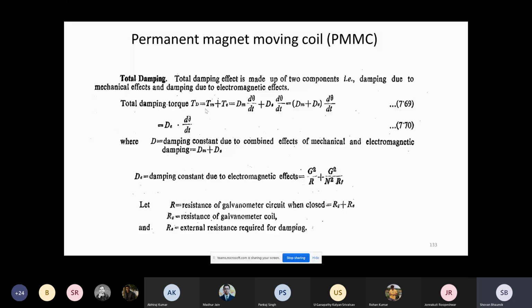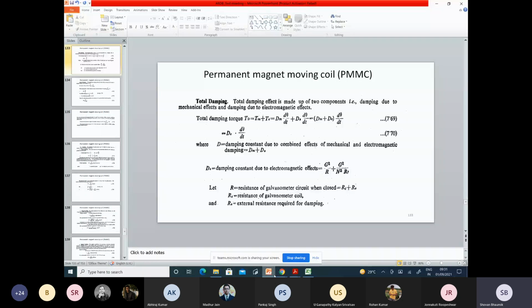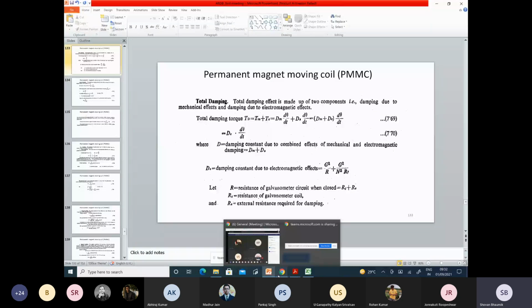Now there are a few other issues we need to discuss. So now tell me if you have any query. Till now, what we discussed? We discussed the PMMC instrument, its construction, and its static behavior, that means the steady state output theta, its dynamic behavior, its transfer function, and then we are trying to discuss more.